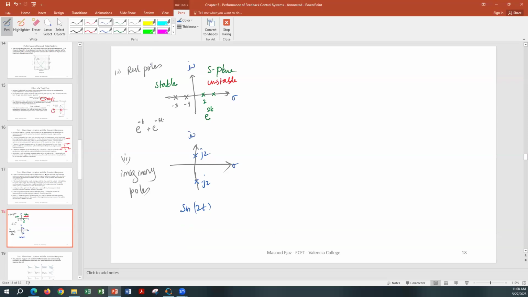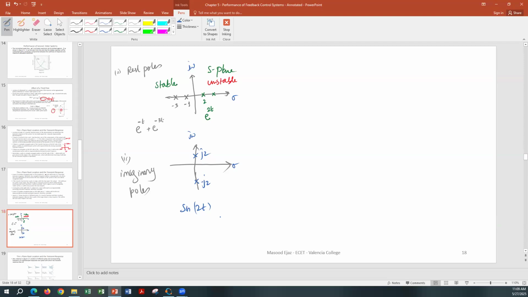Now, let me go back. The system is going to be actually critically stable. Critically stable means that it may be stable or it may be unstable based upon how your input is.